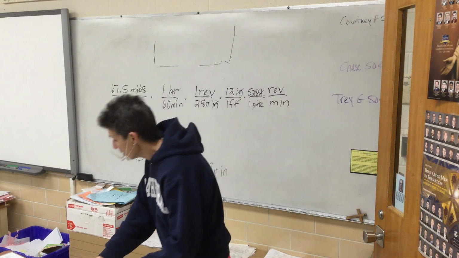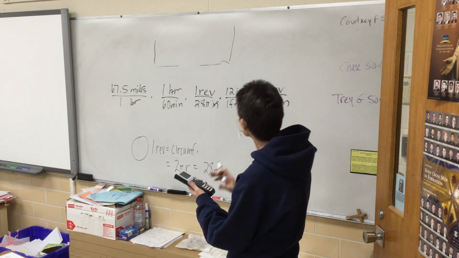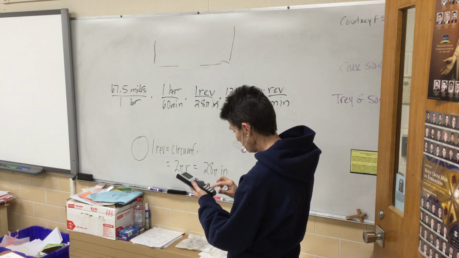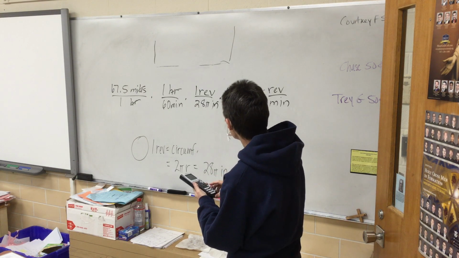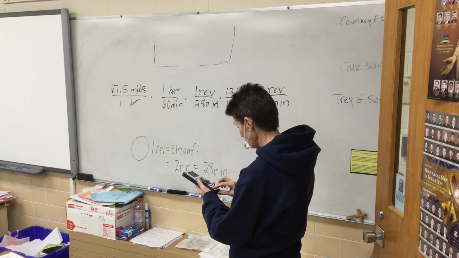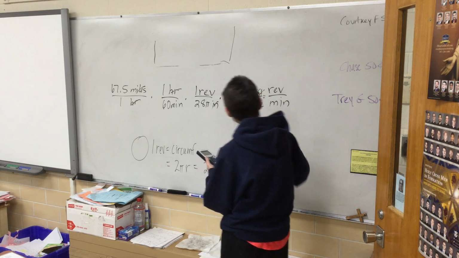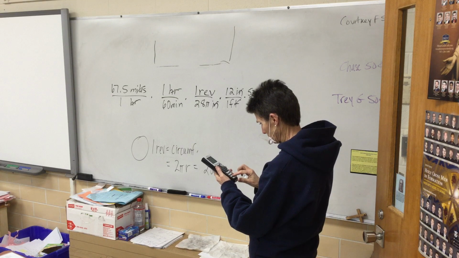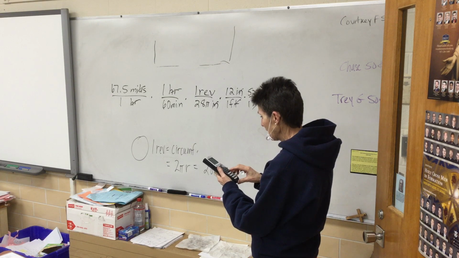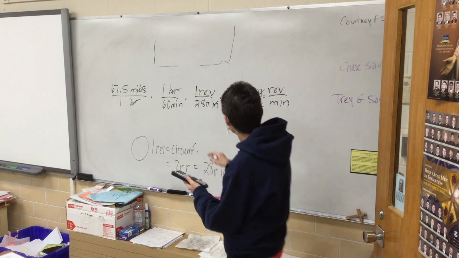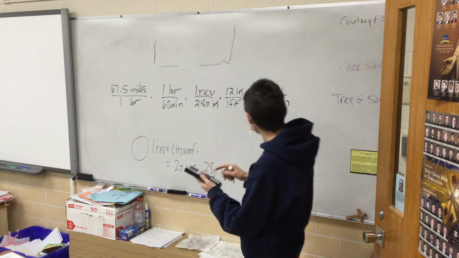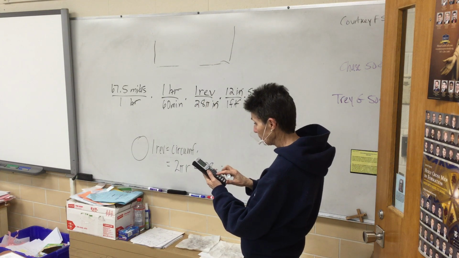So I type in everything on the top. So 67.5 times 12 times 5,280. And then I divide that by both of these. So if you're going to divide them by both, you need parentheses.